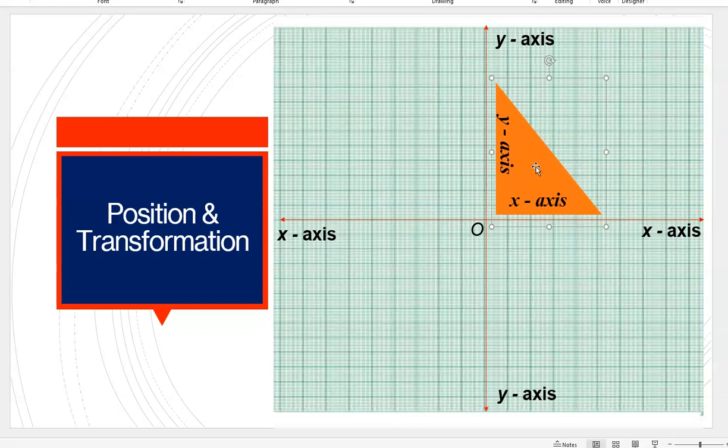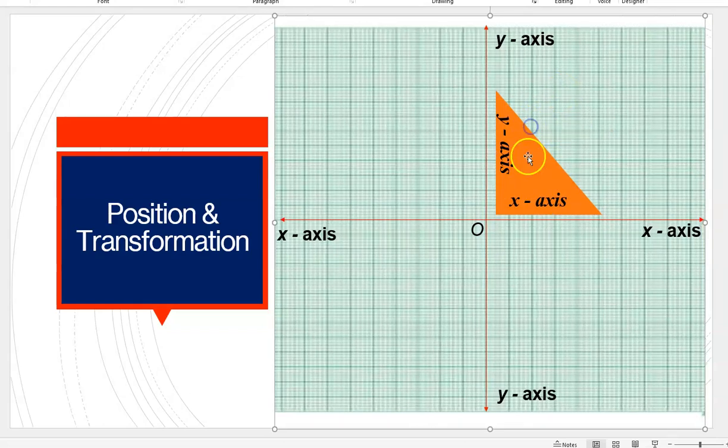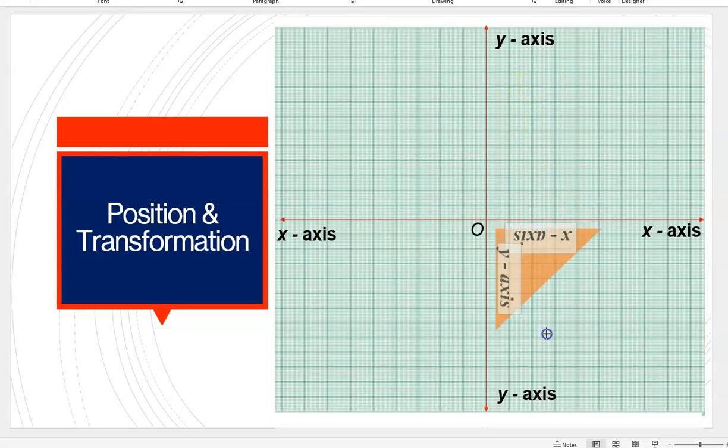Then we go to rotation through 270 degrees anti-clockwise or 90 degrees clockwise. 90 degrees clockwise, it will be here. Let's try and see. So let's flip over. Don't forget that it's rotation, so we have to rotate it.